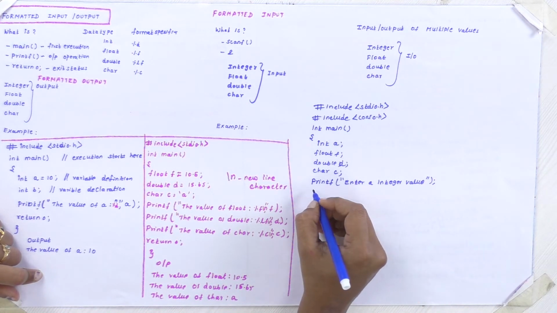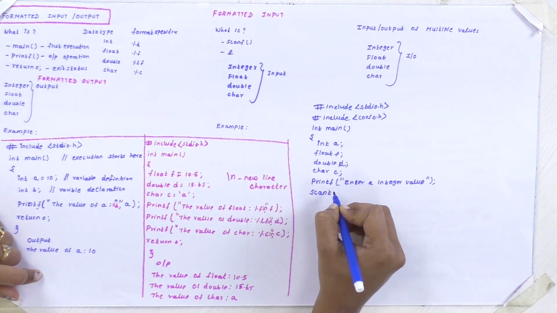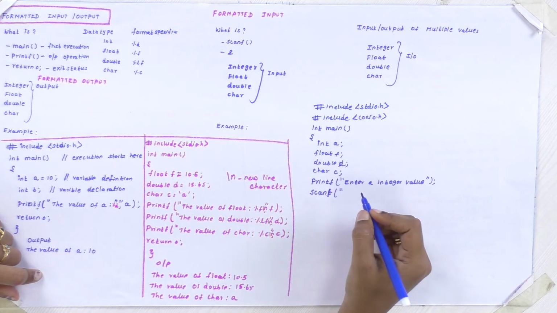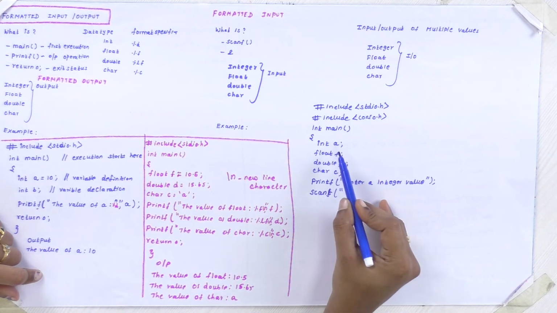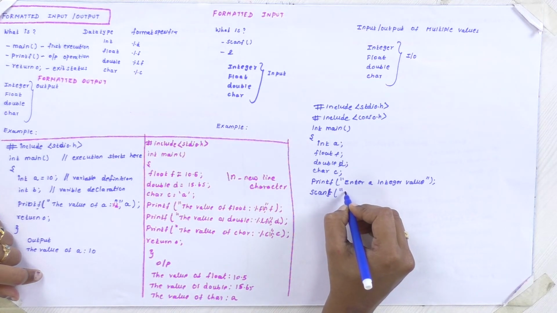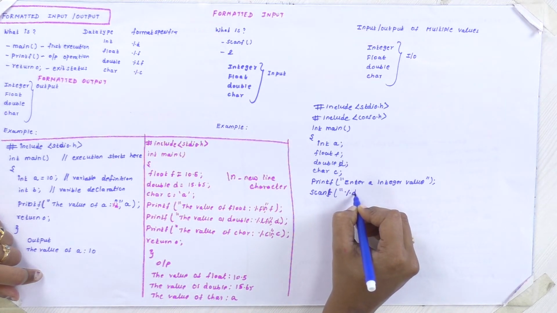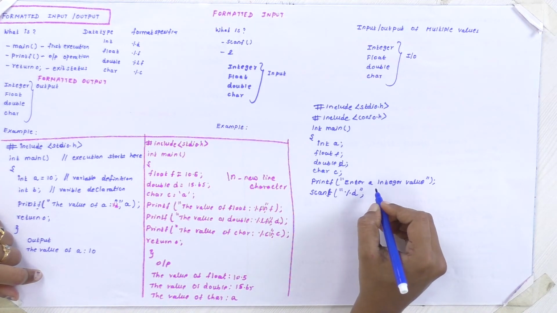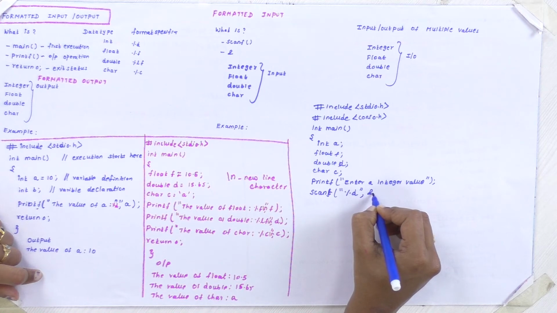By using the scanf function I am going to get the data from the user. What data am I going to get? Integer data. So the format specifier is %d. Then I have to mention ampersand.